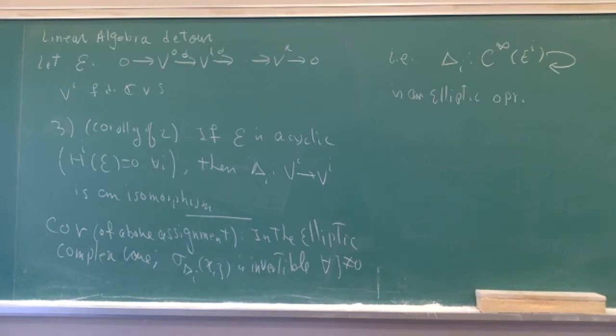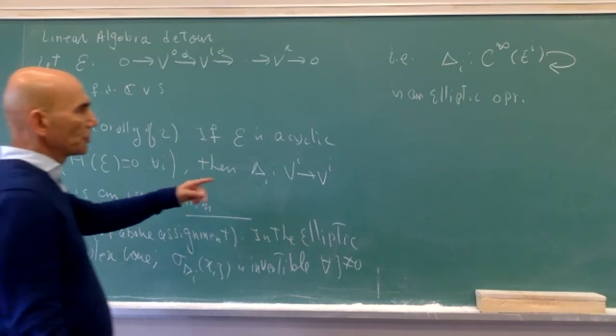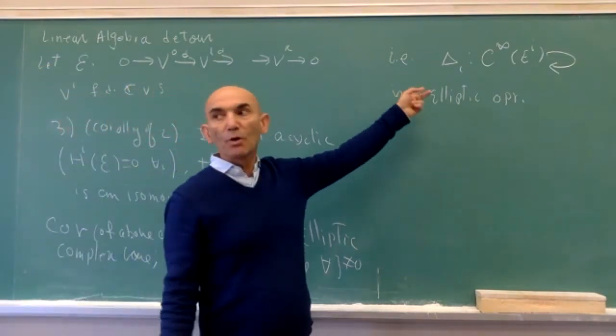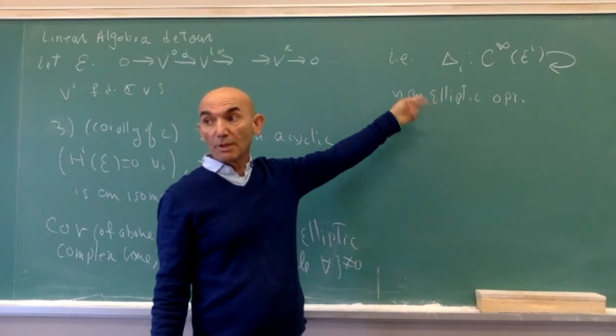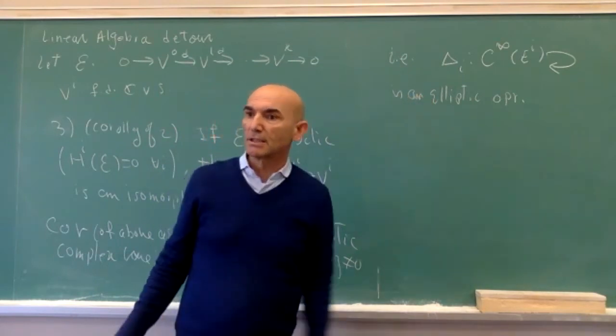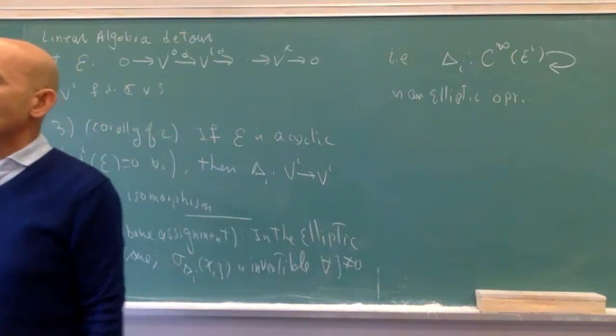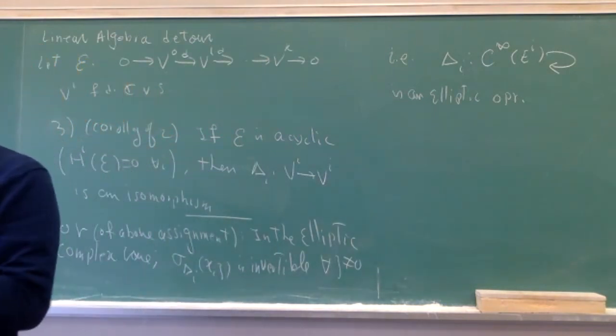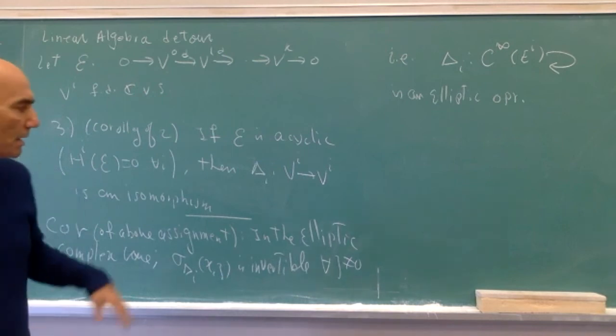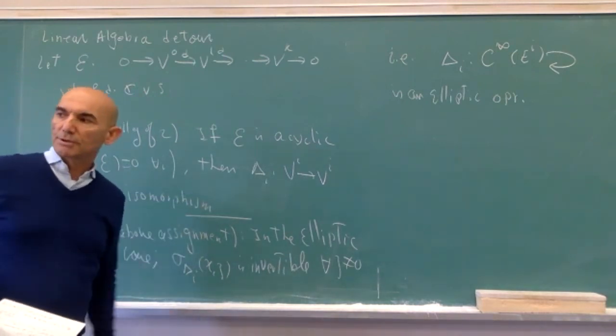Right, but then you will show that the symbol of delta is invertible. Yeah. Oh, maybe you're confused by the notation. You see, the symbol of delta i from the elliptic complex is what I call delta I in the linear algebra context. You see, for an elliptic complex, the symbol sequence is exact. So on the symbol level, there is no cohomology. So that's why we can use this linear algebra result.